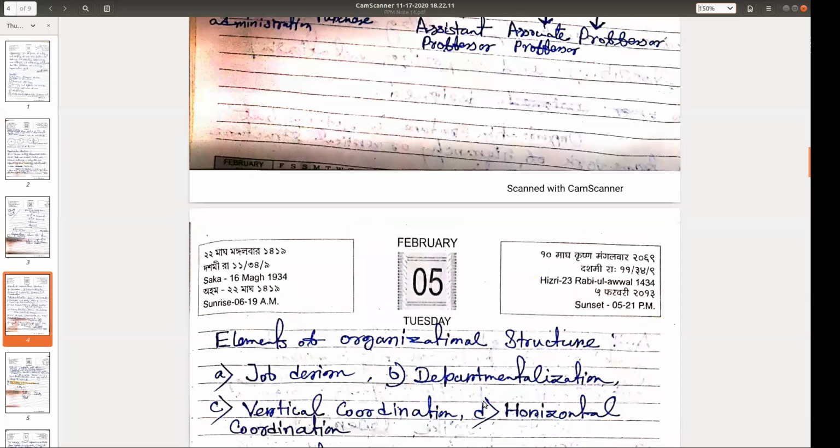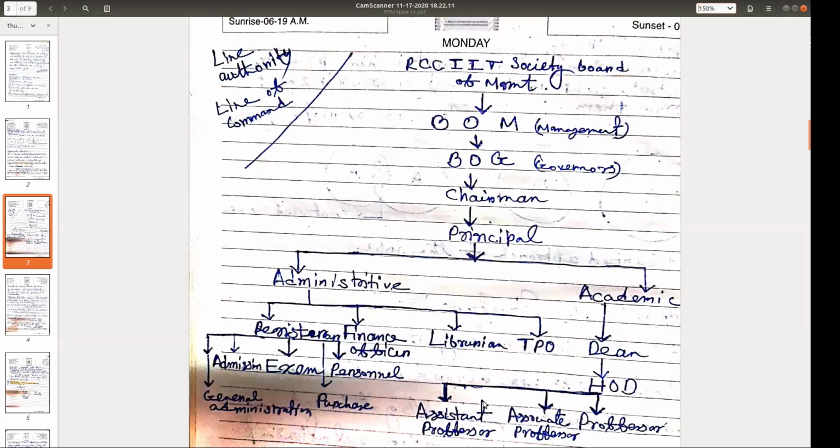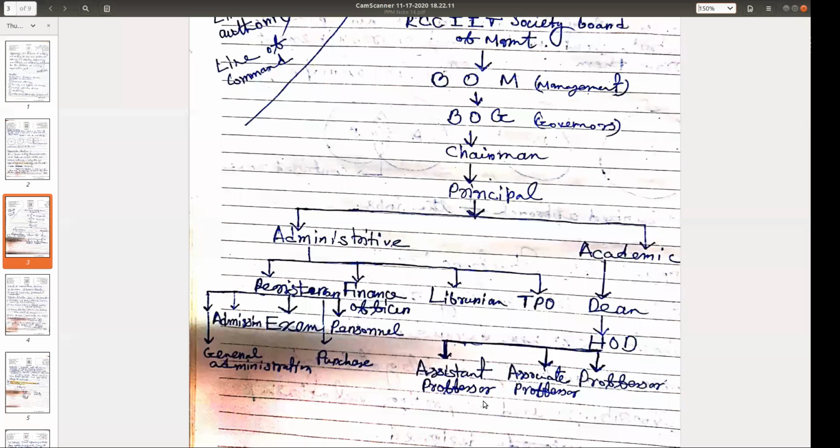To understand that, I'm again going back to the example. If you see from the top to the bottom, like a particular institute, it has been registered under some society. Then there are the board of management, the board of governors, the chairman, the principal, and then the administrative section, academic section, and under the academic section there is the dean, under the dean there are HODs, under HODs there are assistant professor, associate professor.